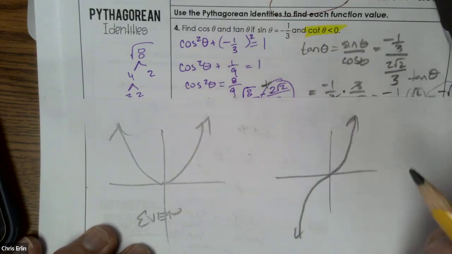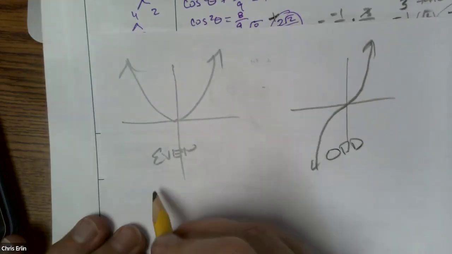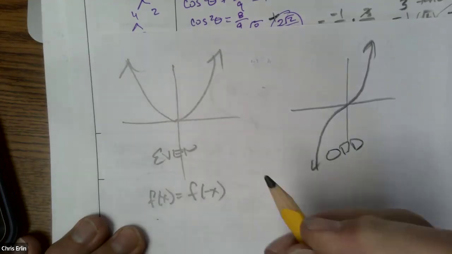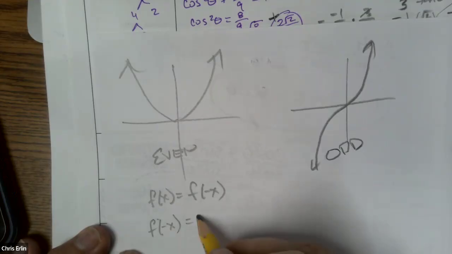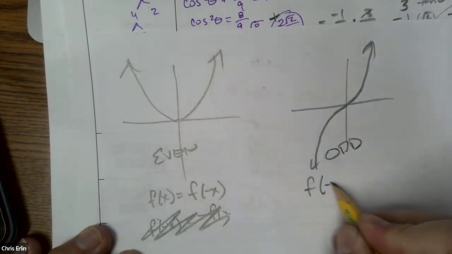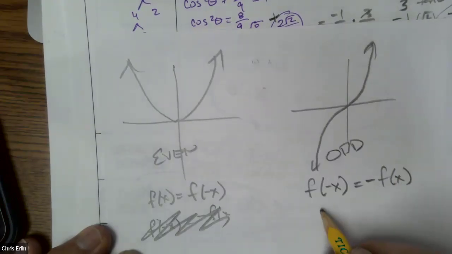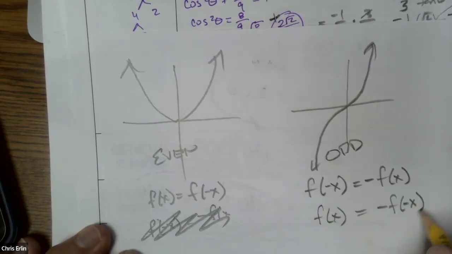Rotate 180 degrees, look the same. The other thing we learned about is that even is where f of x is the same as f of negative x. And odd is where f of negative x is the same as negative f of x. You could multiply through by a negative and you get that f of x is the same as a double negative for odd.